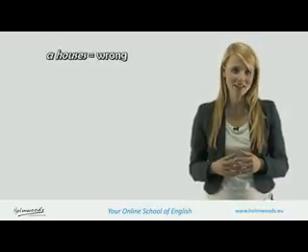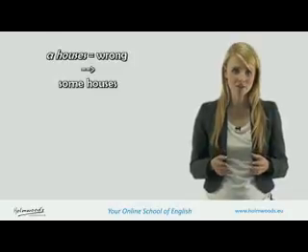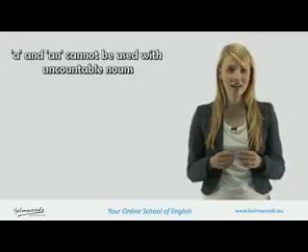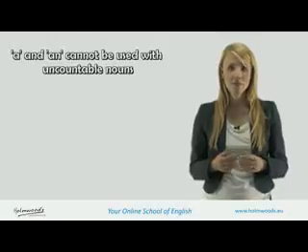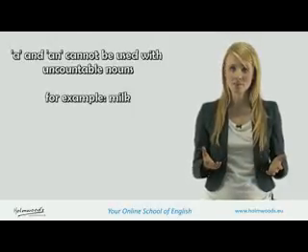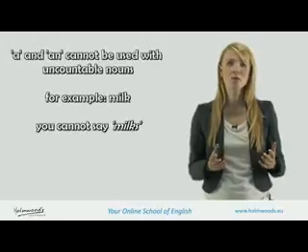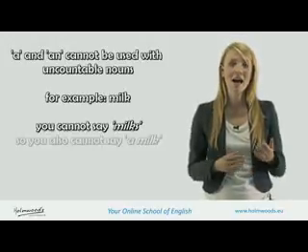Usually people then say some houses or any houses. A or an also cannot be used with uncountable nouns. For example, milk. You cannot say milks. So you also cannot say a milk.